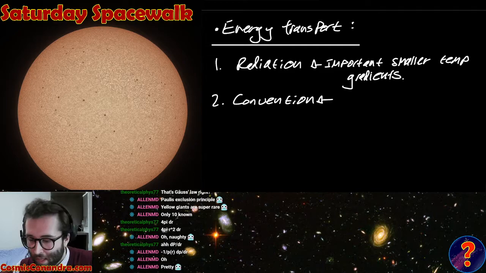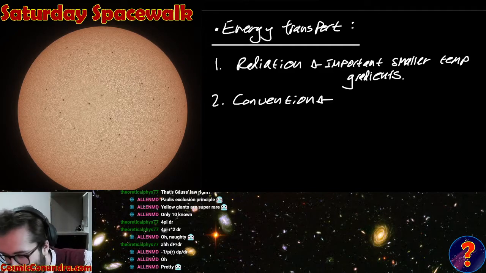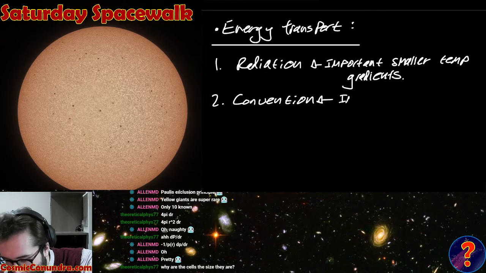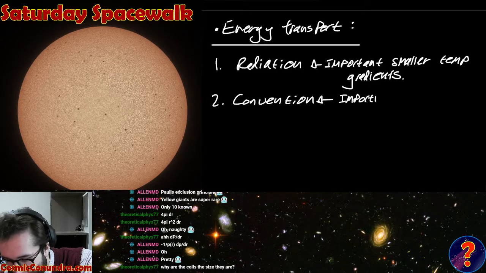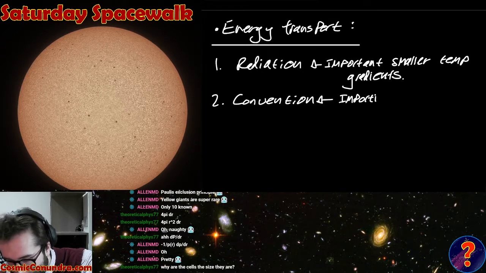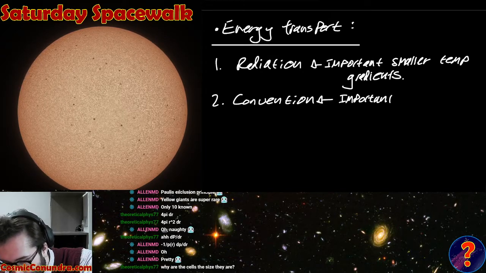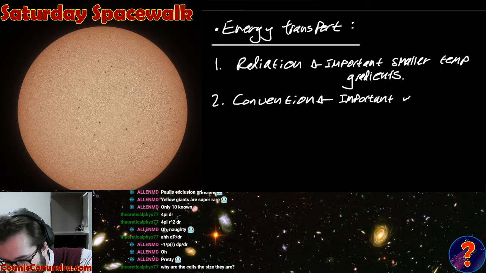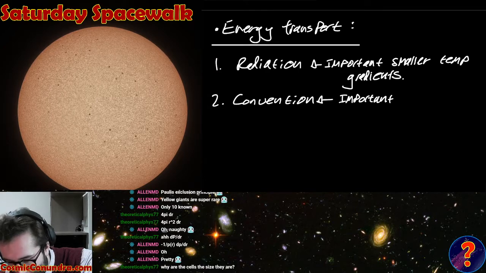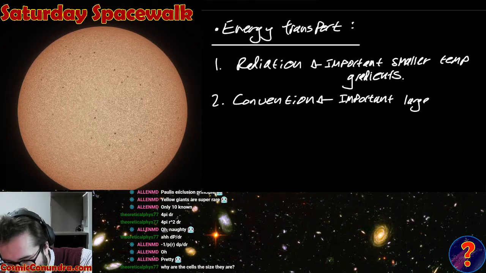But we're not going to do that. That's a sort of slightly more technical thermodynamics thing we won't go into. So this is important in stars with quite large temperature gradients, important when there are larger temperature gradients.